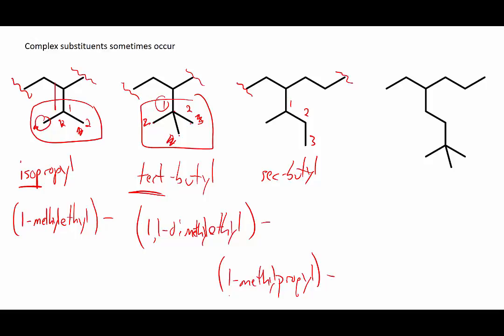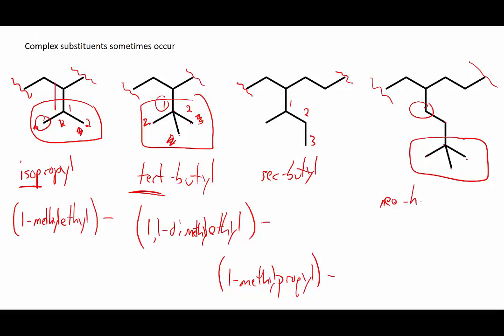Finally, if we have a compound that branches into this shape down at the bottom, it's not a tert group. Tert only means if the branching occurs here. If the branching occurs at the end of the chain, we call it a neo prefix. In this case, we just count the number of carbons. There are 1, 2, 3, 4, 5, 6.